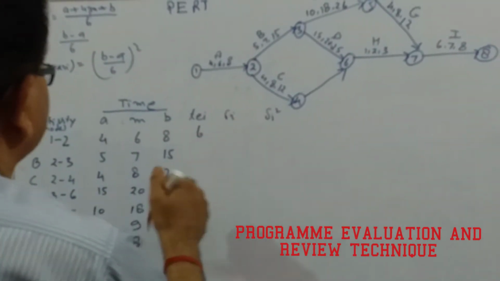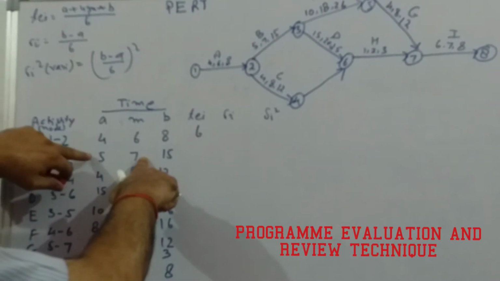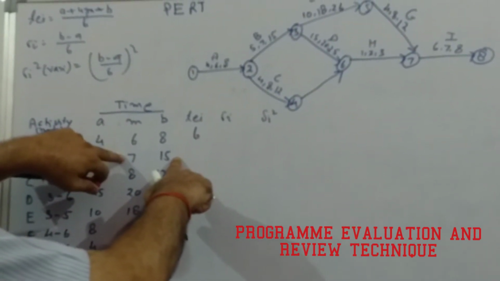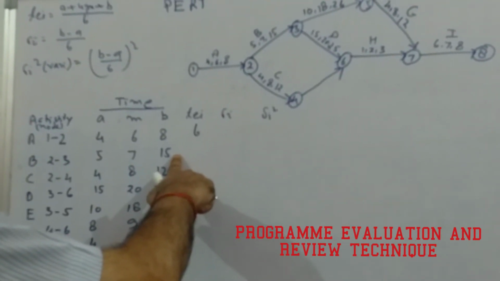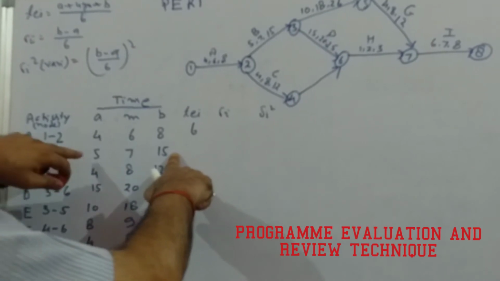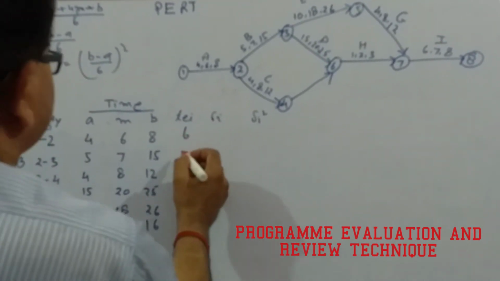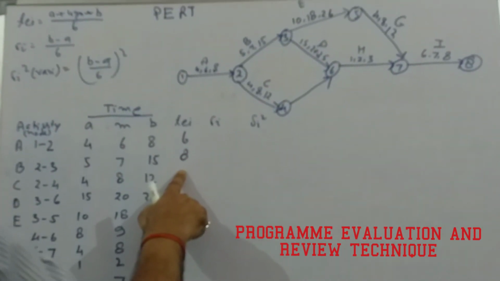In the same fashion, 7 fours are 28, plus 5 is 33, plus 15, that is 48, divided by 6. So it comes out to be 8. So expected time here is 8.